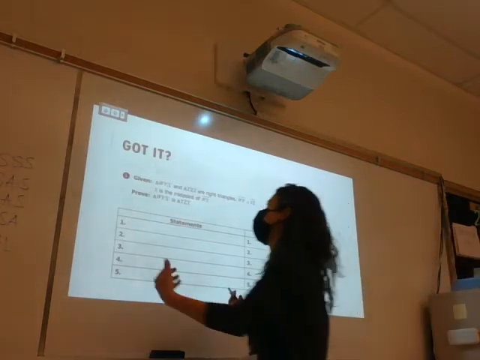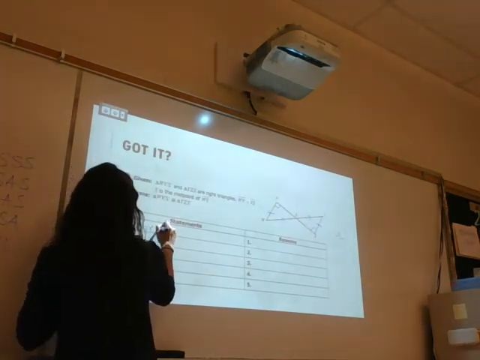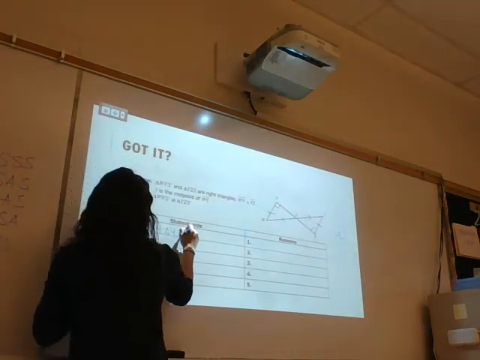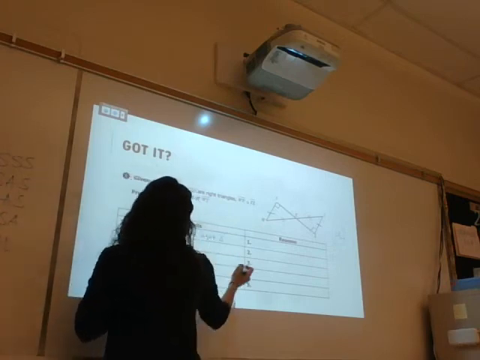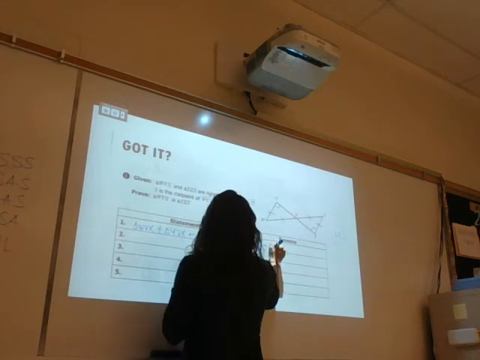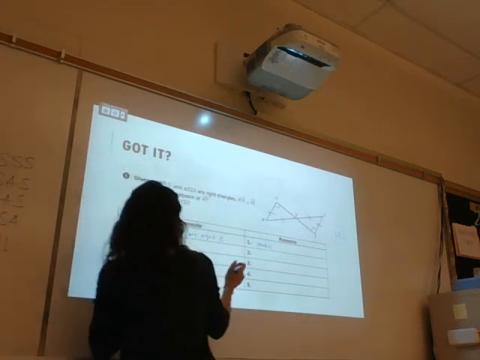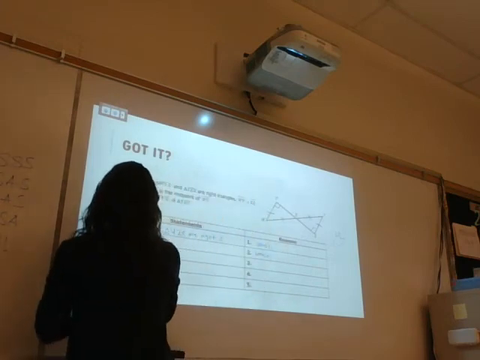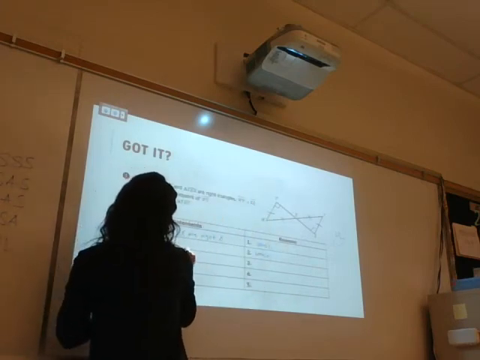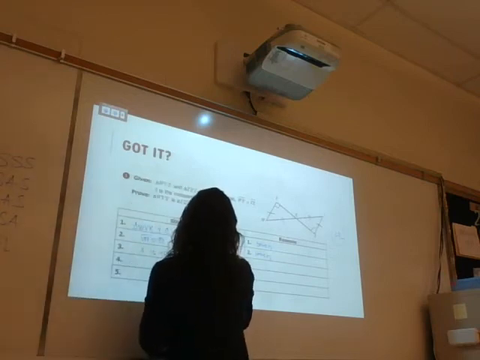I would plug everything in. I would write out triangle WVX and triangle YZX are right triangles. That's given. I would write WV is congruent to YZ. That is given. X is the midpoint of WY.